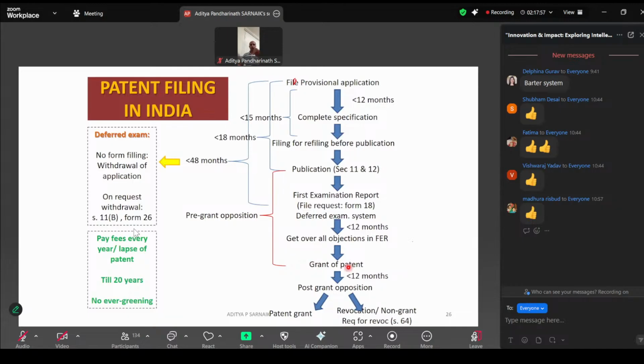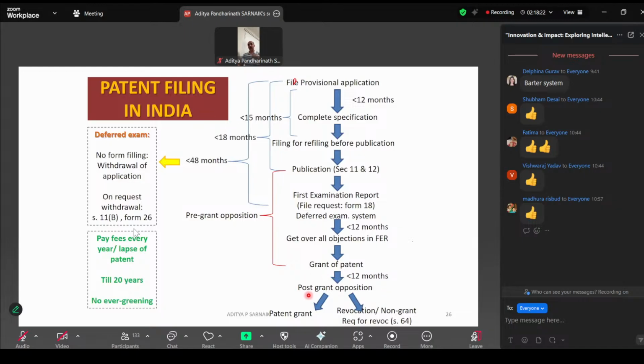Your patent is granted. Now, from the date of publication till the grant of patent, if any other company or any other patent holder from any other place opposes your patent, then that is called a pre-grant opposition. After the grant of patent, if somebody comes within 12 months and says no, this was our patent earlier, then it is called post grant opposition.